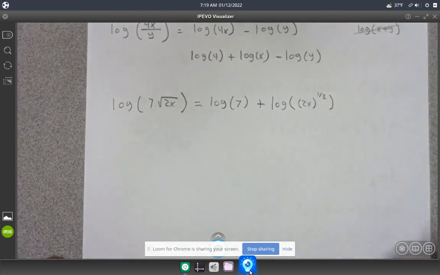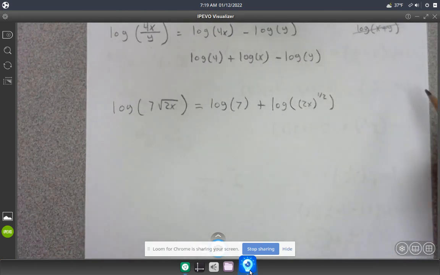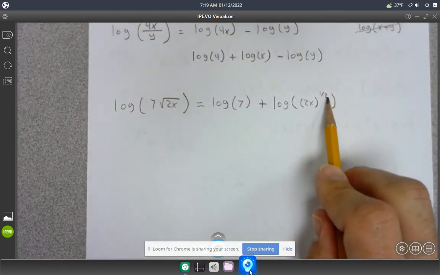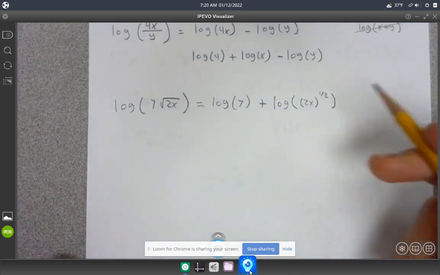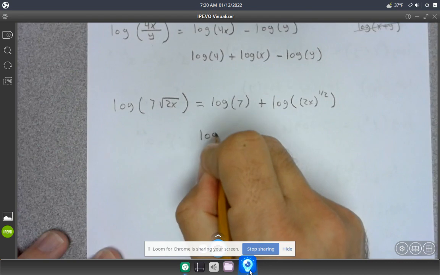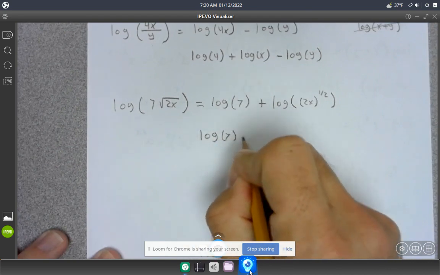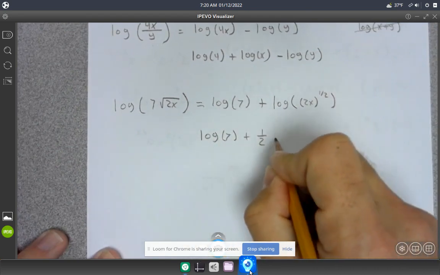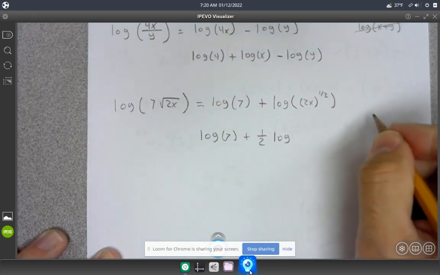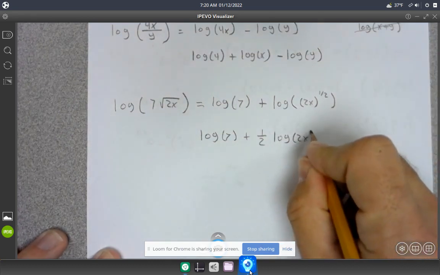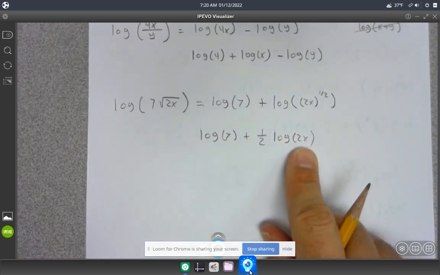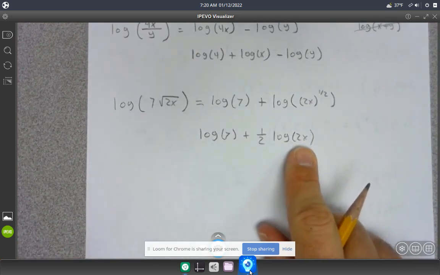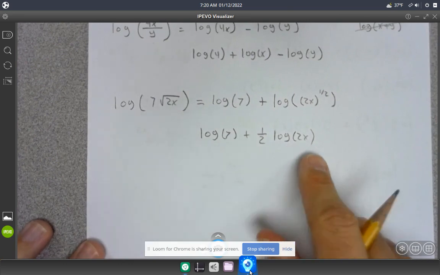And now I get to use this exponent rule. I get to bring that exponent off to the left-hand side of the log. So this is going to be log of 7 plus 1/2 the log of 2x. And then, of course, you get to separate this into a sum. It'd be log 2 plus log x.